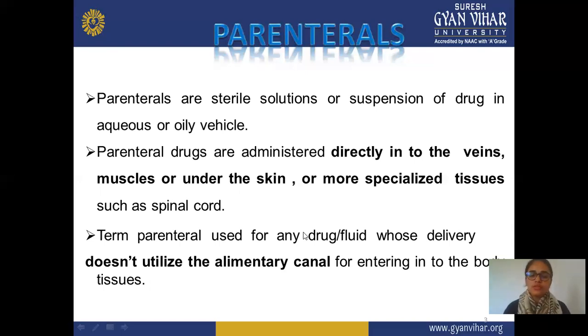And the term parenteral is used for any drug or fluid whose delivery does not utilize the alimentary canal but enters directly into the body tissue. So parenteral routes are mainly used for this type of formulation and this type of problem.